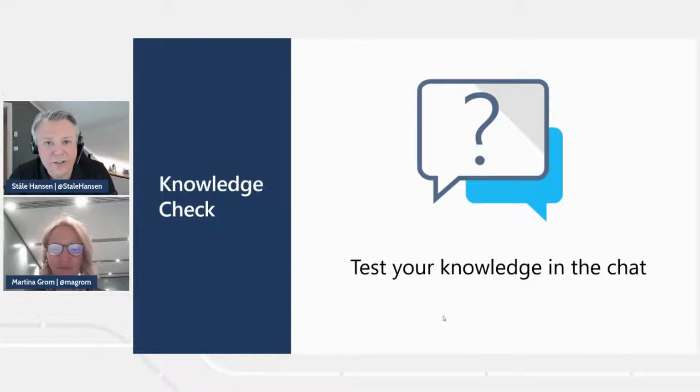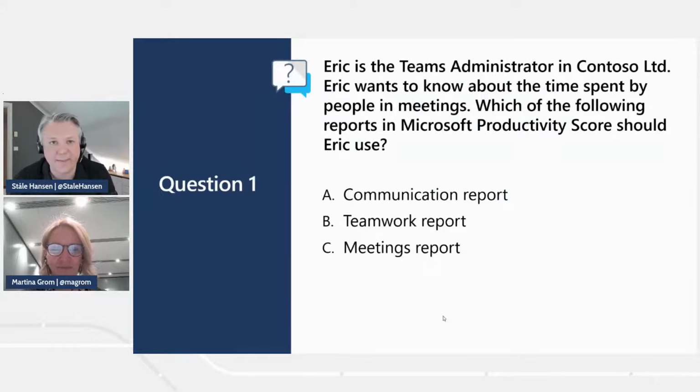Now we have a knowledge check, people. We have talked about the different ways of reporting. So Eric is the Teams administrator in Contoso Limited. Eric wants to know about the time spent by people in meetings. Which of the following reports in Microsoft Productivity Score should Eric use?